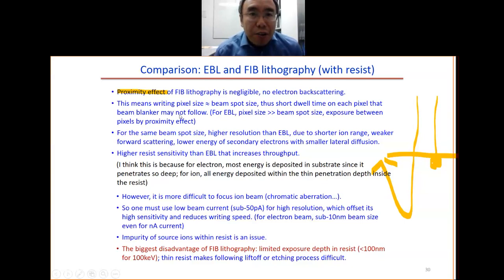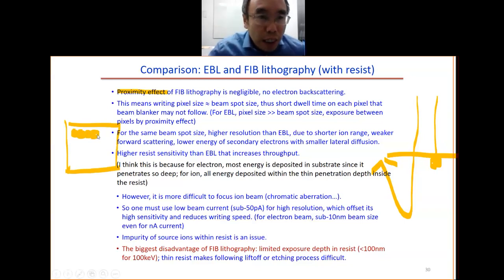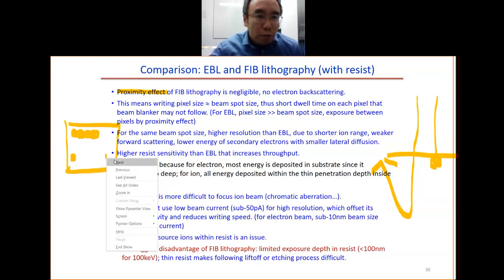But this is not good for area exposure. We want to expose a large area. For instance, if we want to expose this large area with the ion beam, what do we have to do? The beam spot size has to be similar to the pixel size. That means if you expose one spot here and another one, they have to overlap. But for the electron beam, they don't have to overlap. We can expose one spot here, another spot here, then another spot here.